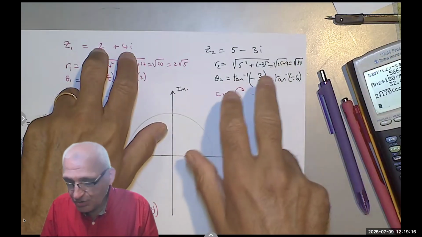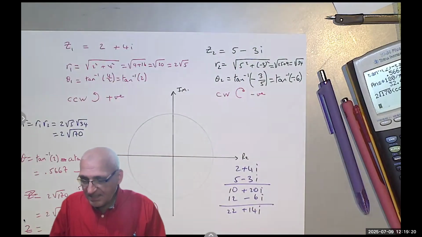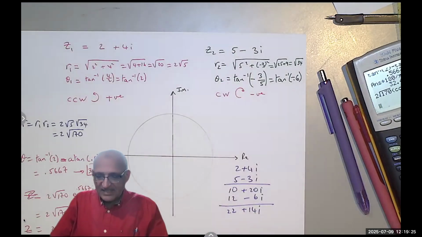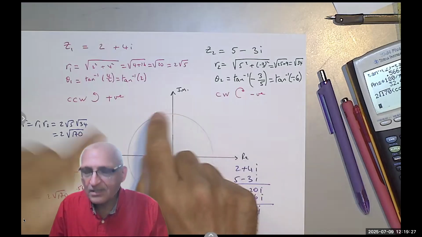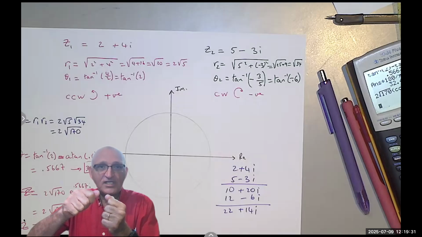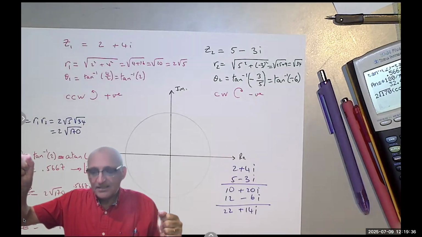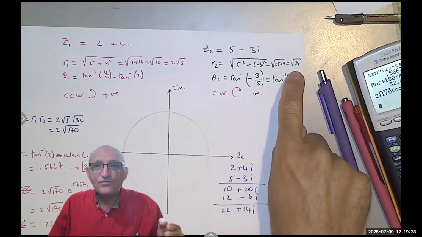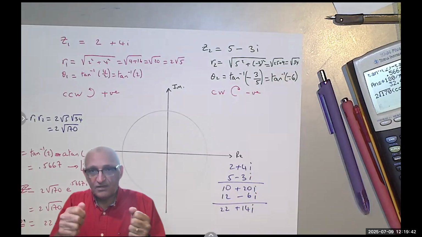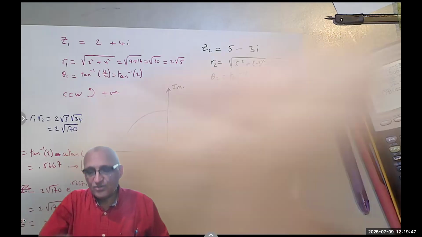So I take two complex numbers, find their arguments, multiply them together, and because each one of them has a magnitude more than one, it's like I'm taking a complex number of length root 20 and multiplying, meaning extending it by a factor of root 34. Or I take a complex number of length root 34 and extend that by a factor of 2 root 5.